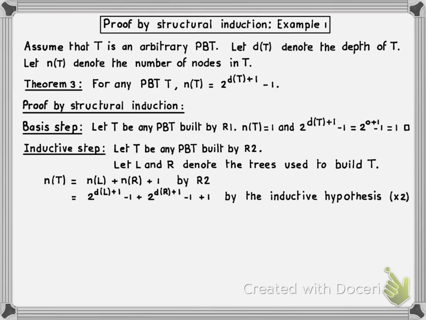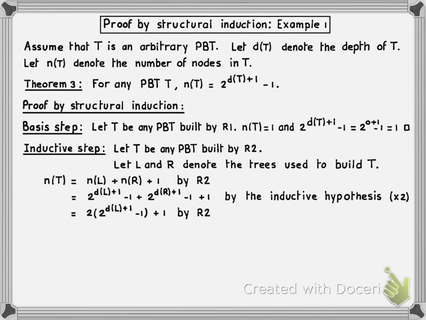Well, the first thing to realize is that this number, depth of L, must be equal to the depth of R because this is a constraint that is stated in rule R2. The two subtrees must have the same depth. So in other words, this expression here is equal to that expression here. Therefore, we can rewrite it as 2 times this expression plus 1.